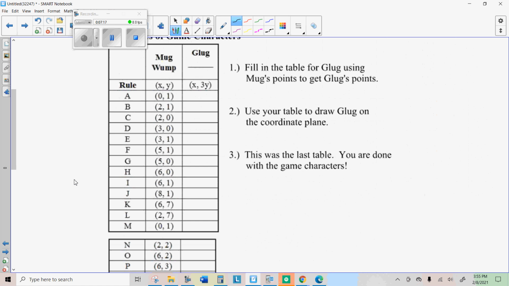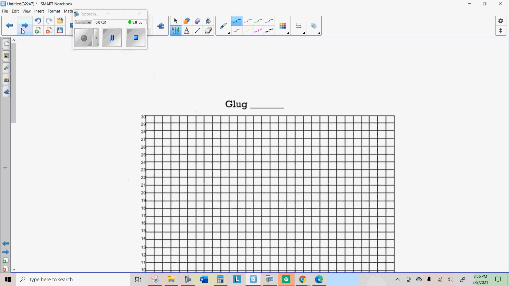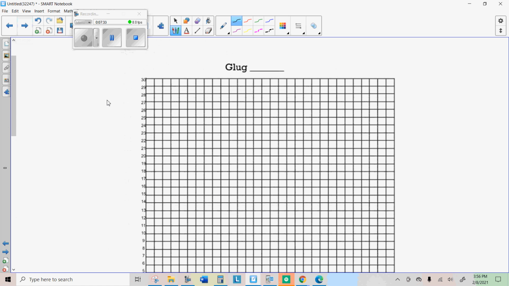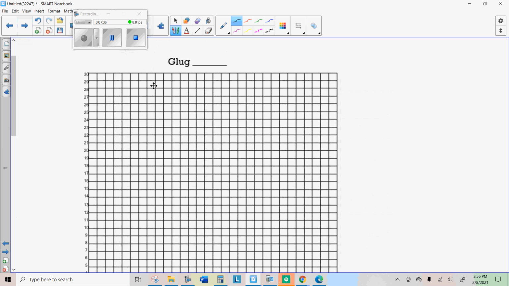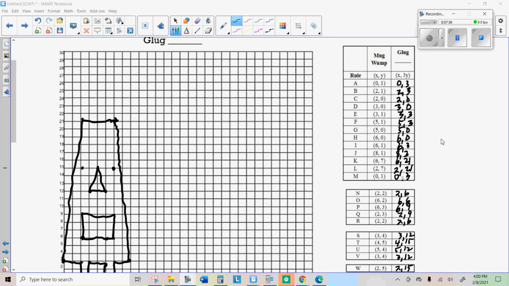You're going to get that by multiplying Mug's coordinates, leaving x the same and multiplying the y coordinate by 3. Here's what those coordinates look like, and we're going to graph Glug. Here's what Glug should look like.